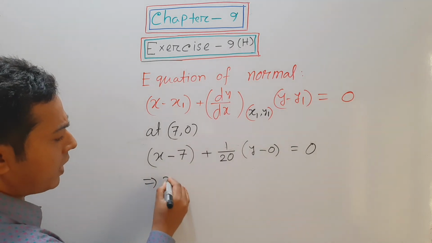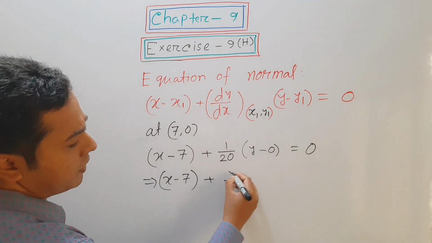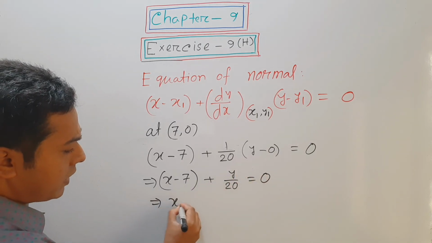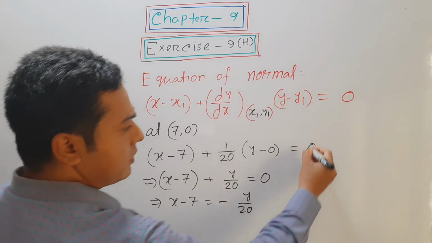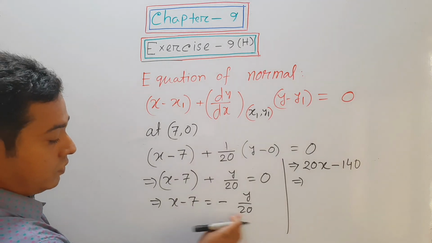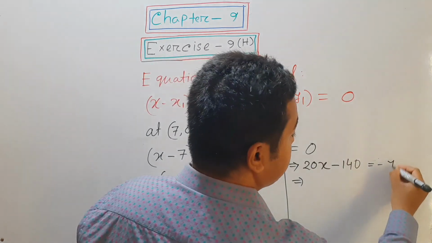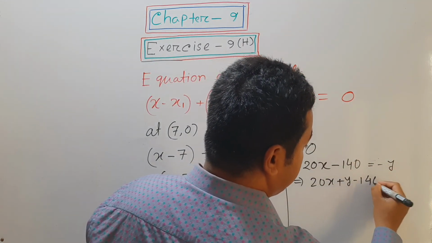Okay, so x minus 7 plus y by 20 is equal to 0. So x minus 7 is equal to minus y divided by 20. Multiplication of this is equal to 20x minus 140 is equal to minus y. So 20x plus y minus 140 is equal to 0.